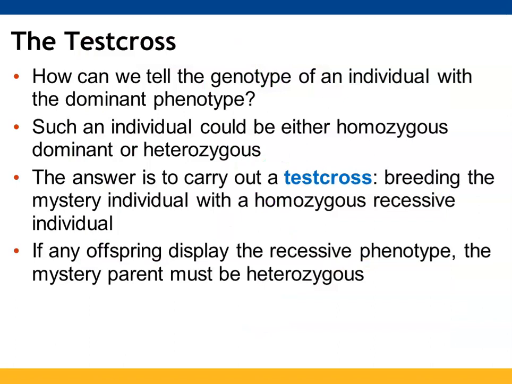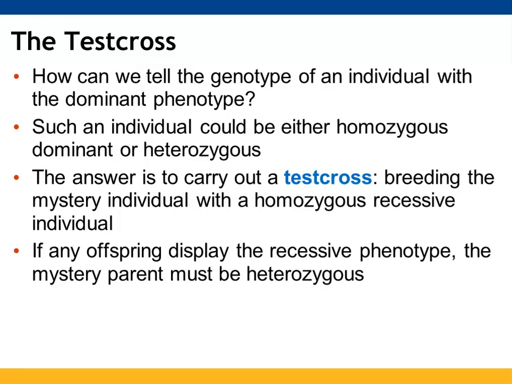So how could we determine what was the genotype of an individual that is showing the dominant trait? We would have to perform a test cross using an individual that contains the recessive alleles for that particular trait.